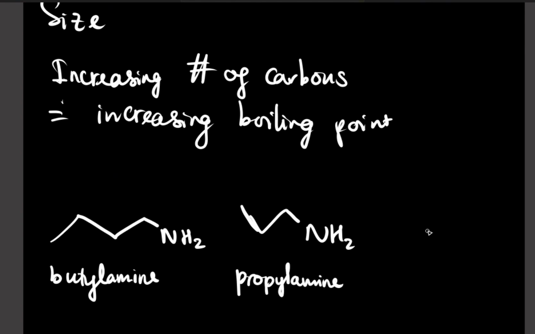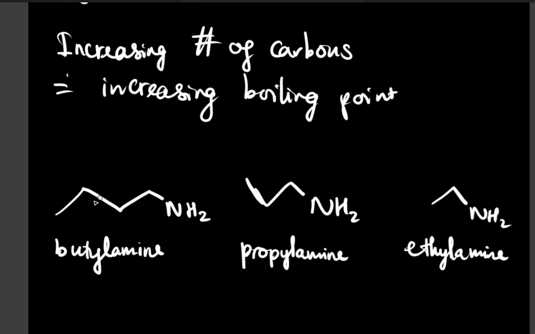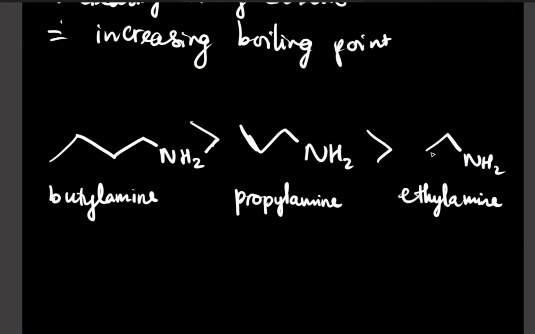And here I have ethylamine. You can see that this one has the highest number of carbons, right? This one has the second largest number of carbons, and ethylamine has the lowest number of carbons here.